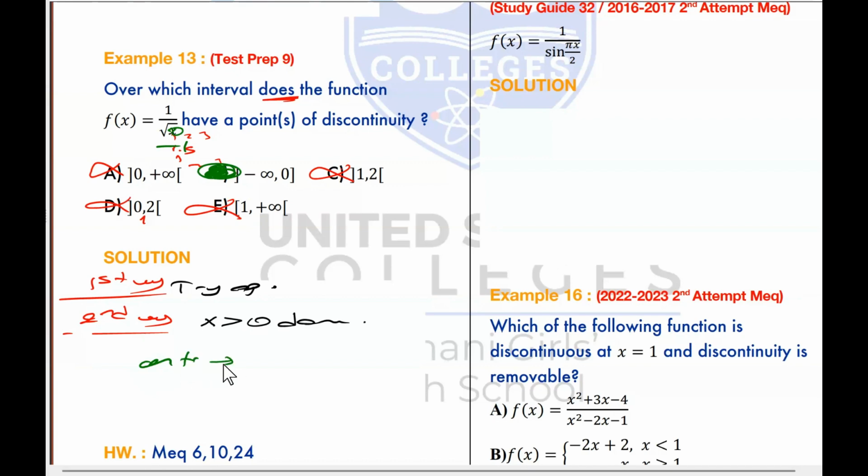For anti-domain, you reverse. Instead of greater than, you use less than or equal to. Okay, so this is where you have points of discontinuity. So only option B has this situation, x being less than or equal to 0. All right.